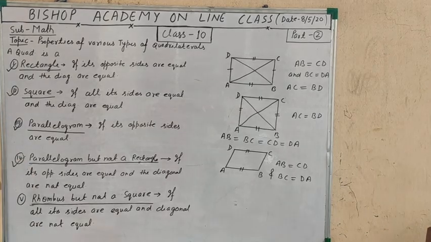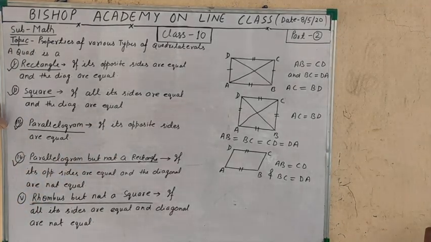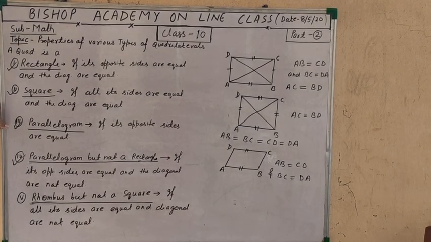Fourth, a parallelogram but not a rectangle, if its opposite sides are equal and the diagonals are not equal.